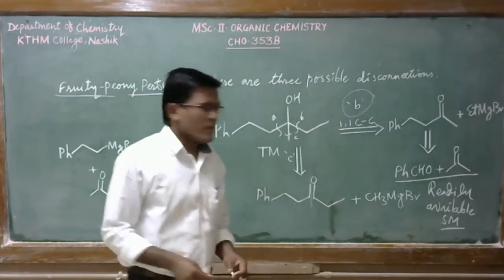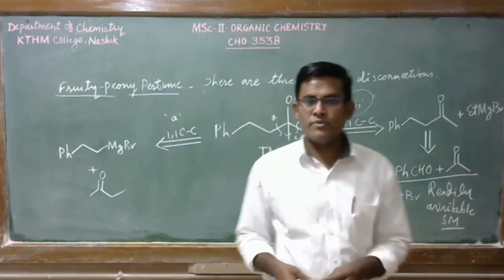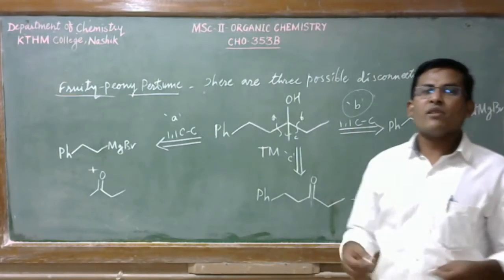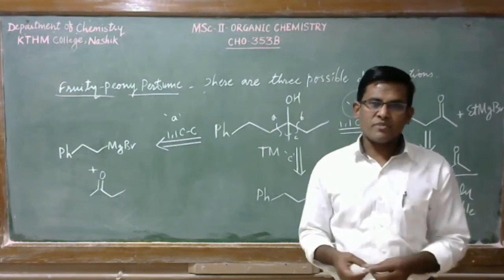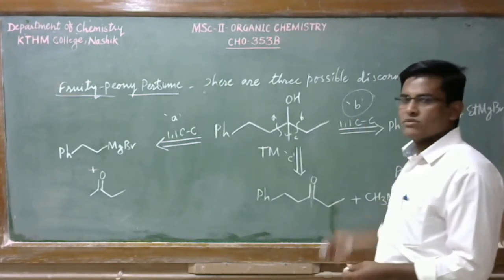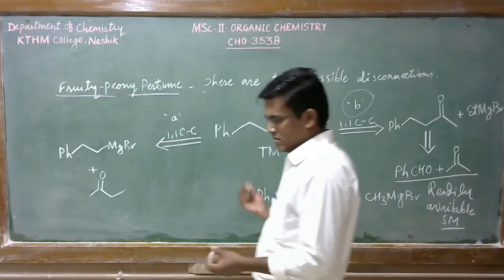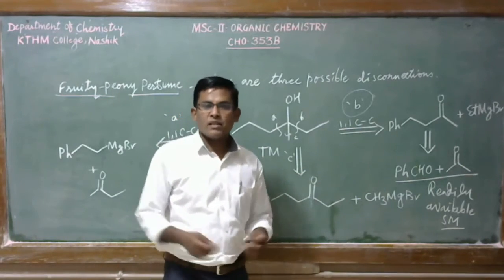So why did we choose that route? Because this precursor, the starting material, can be obtained from readily available starting materials. That means this route is better than the others. 3 routes are available for this particular tertiary alcohol, but the B route is the better route.